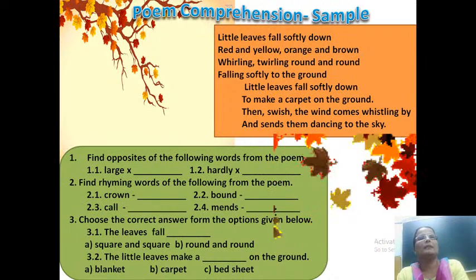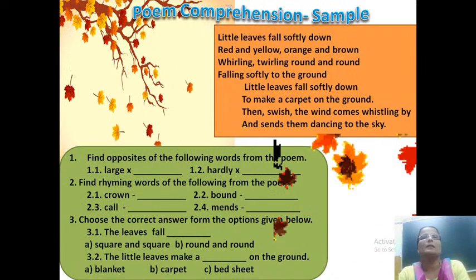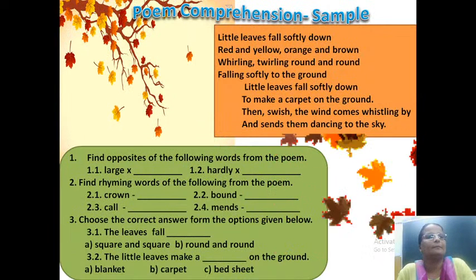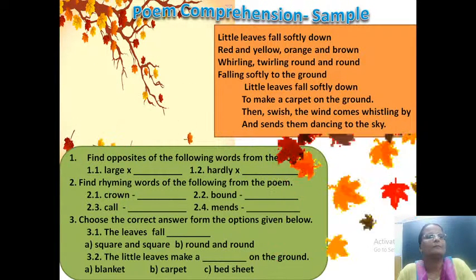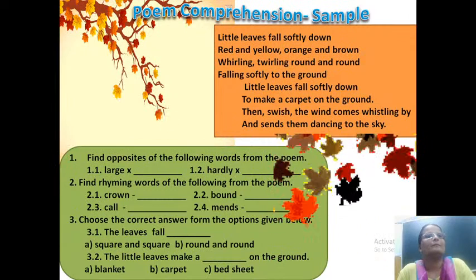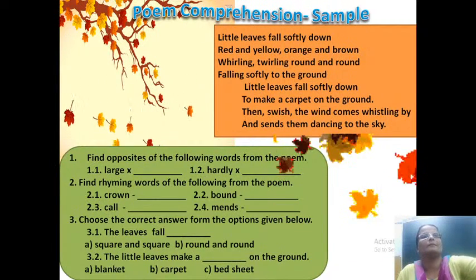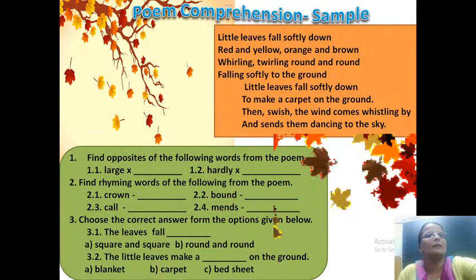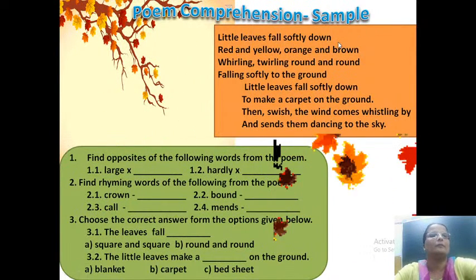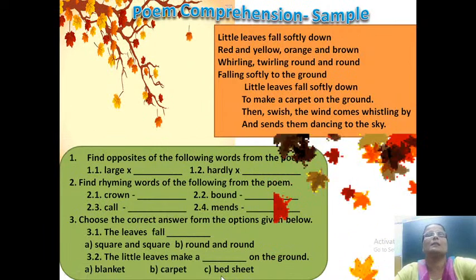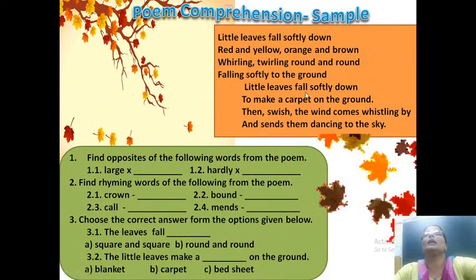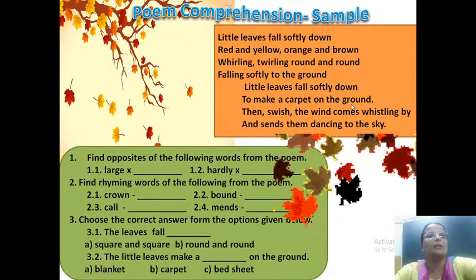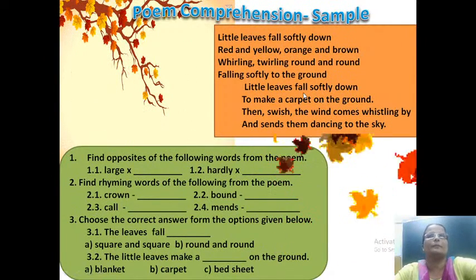A is blanket, B is carpet, C is bed sheet. What is the correct answer? The answer is B. Yeah, good. Sunil Awari, C is wrong, beta. You look at the sixth line. To make a carpet on the ground.